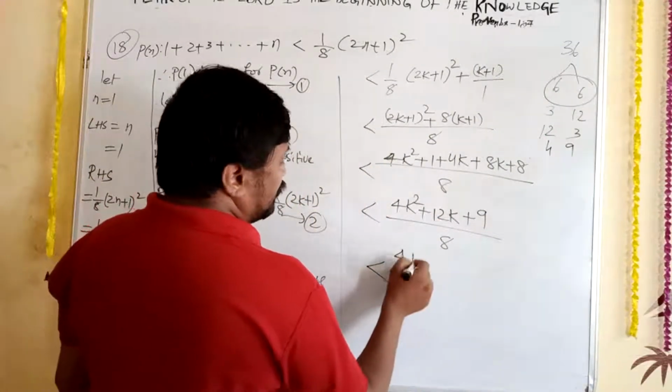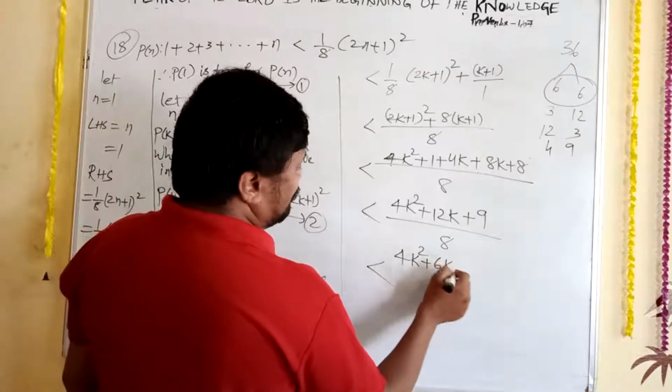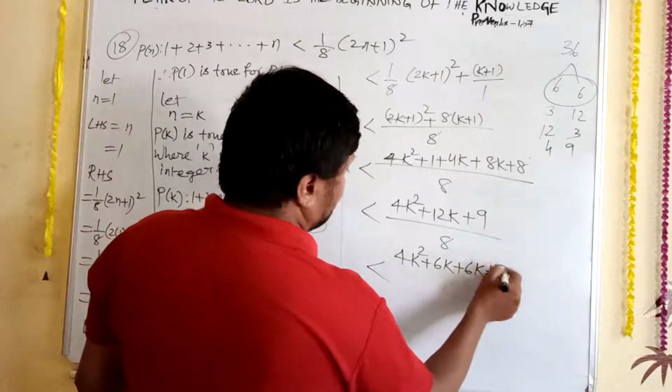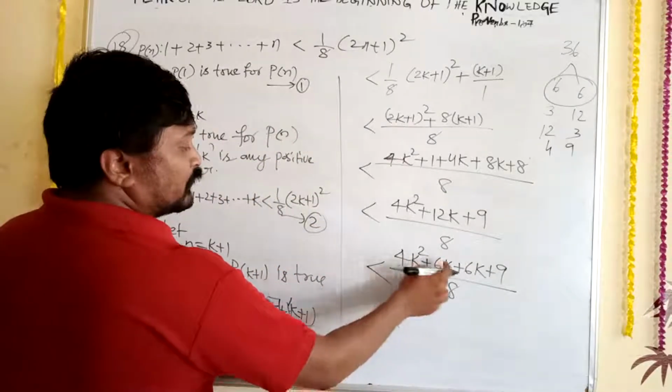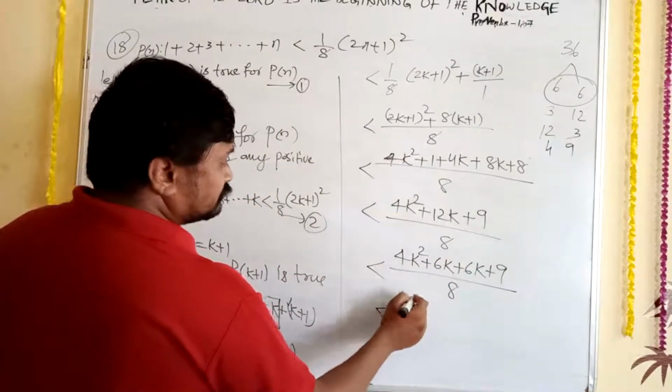So less than 4k squared plus 6k plus 6k plus 9 upon 8. So in both places 2k is common.